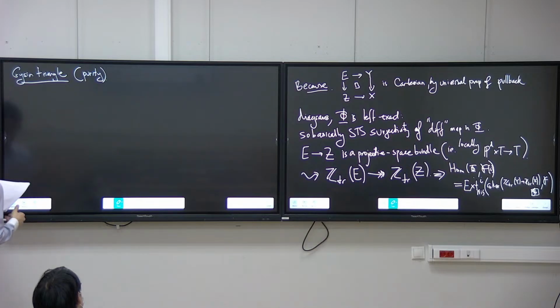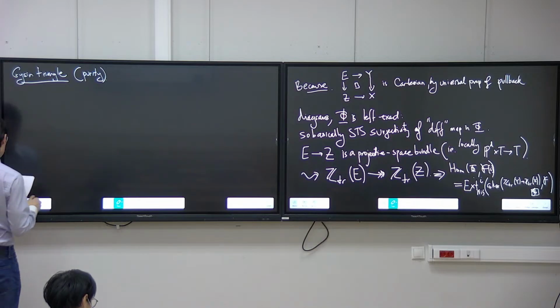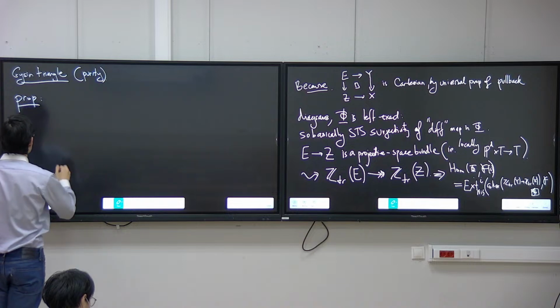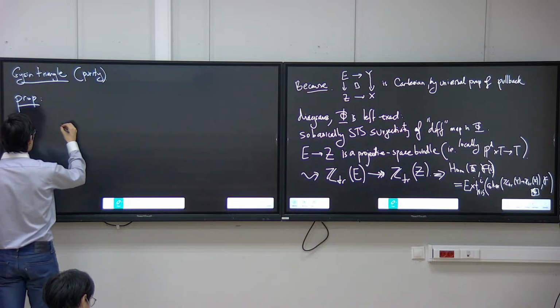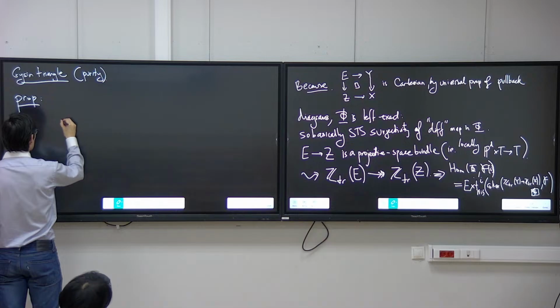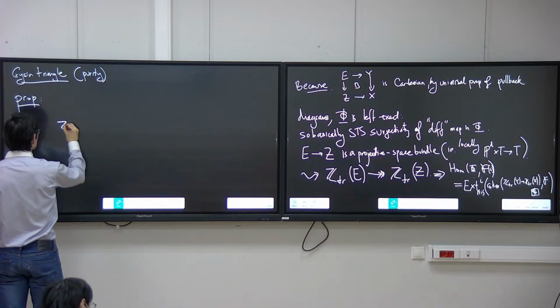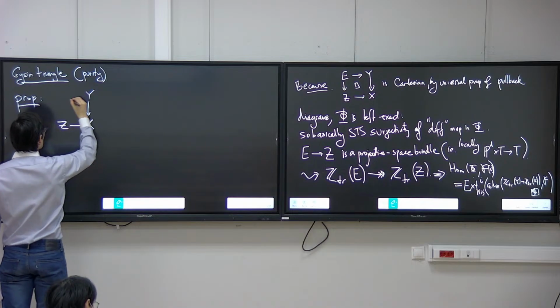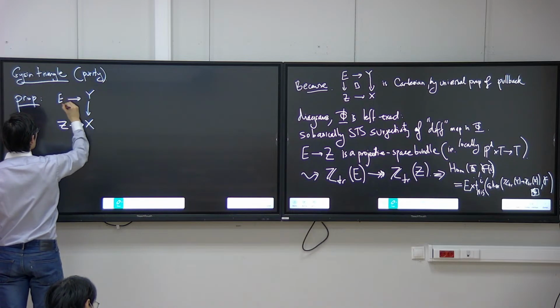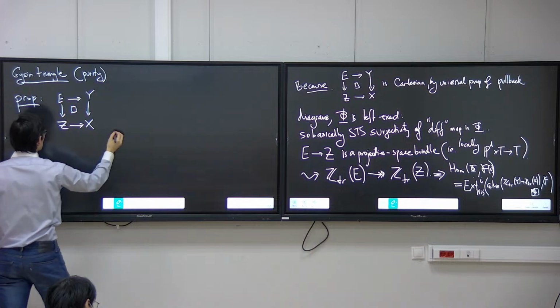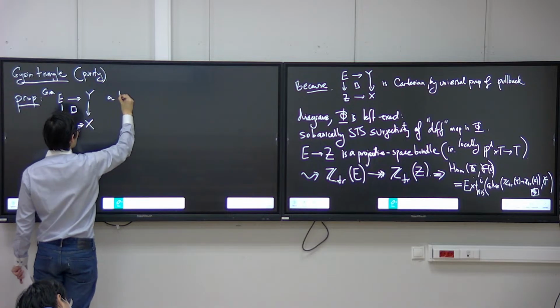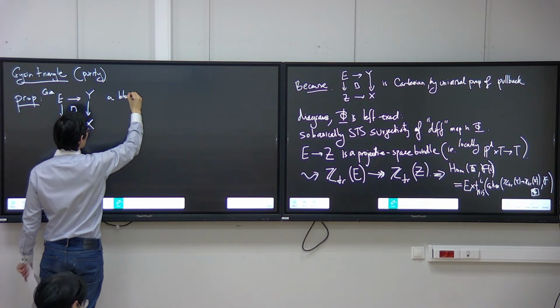But we need some preparation for this. So the first statement is as follows. Again, if I have my blow up square, Z to X to Y to E, given a blow up square in the sense of the previous result.